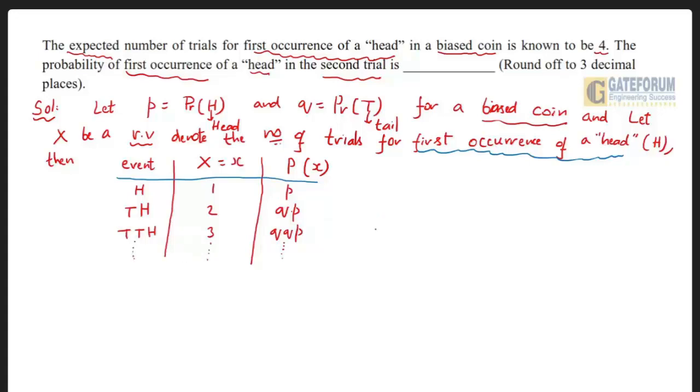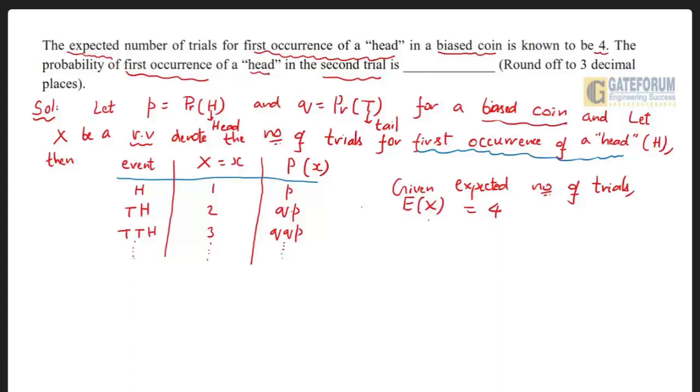Now, given expected number of trials X, expected E letter. So mathematical notation is E of X is equal to given, that is 4. Okay.